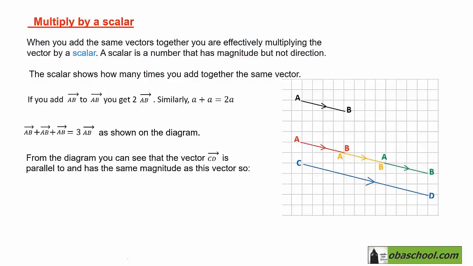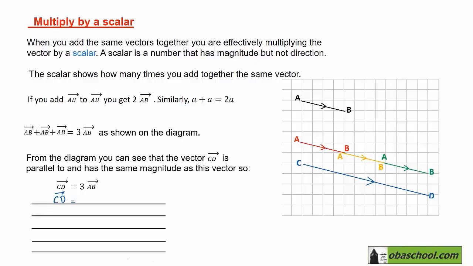So we can go ahead now and find out the components of CD, and that is through the components of AB. First you say vector CD is equal to 3 times vector AB. Now to find out the measurements and the components of CD, the first thing that you're going to have to do is to find those for AB.